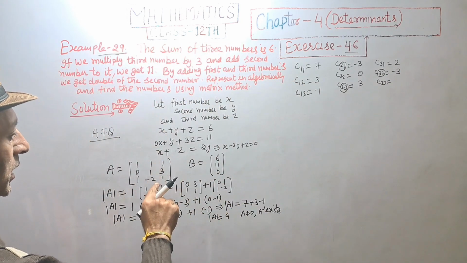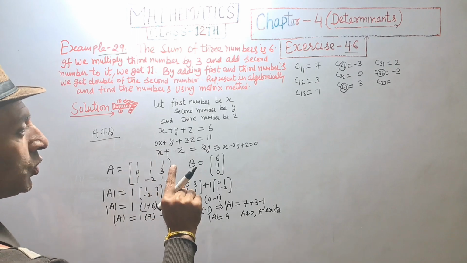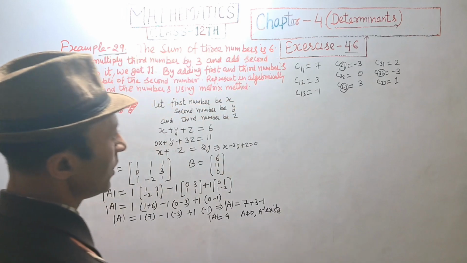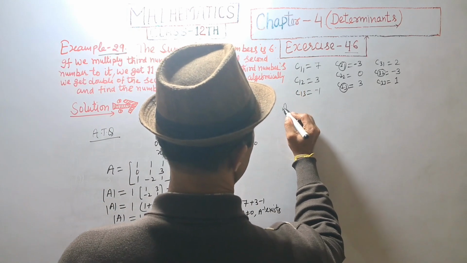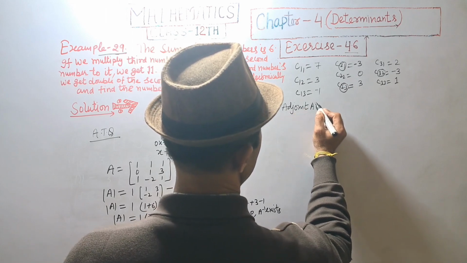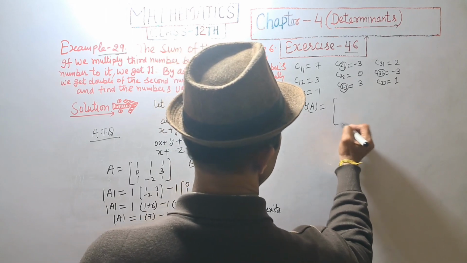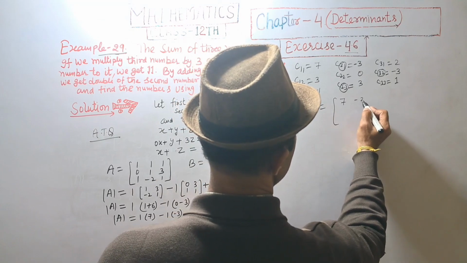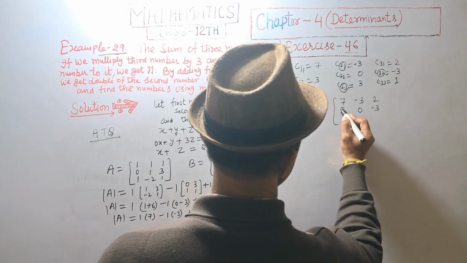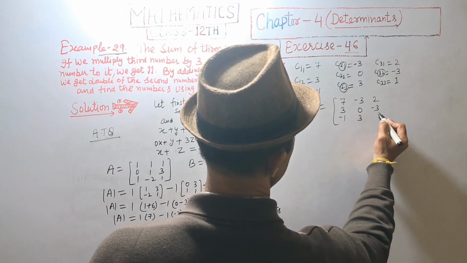And C33: 1 minus 0, that is positive 1. And adjoint A is equal to 7, minus 3, 2; 3, 0, minus 3; minus 1, 3, 1.